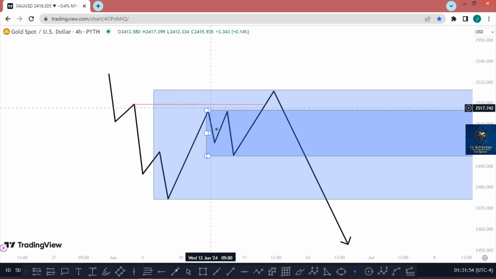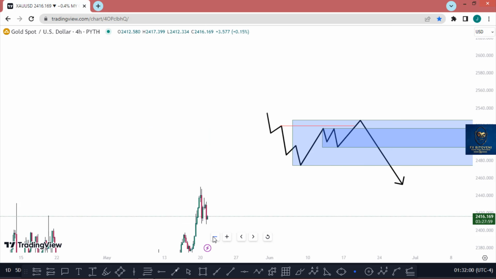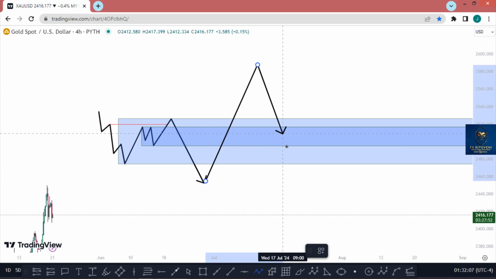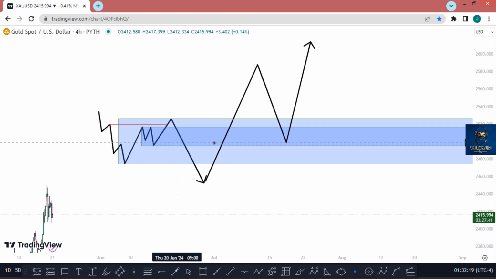You understand that market can easily break and retest this area, this horizon, but our high probability is here. This is a high probable zone. So you understand? This is what I want you guys to understand.